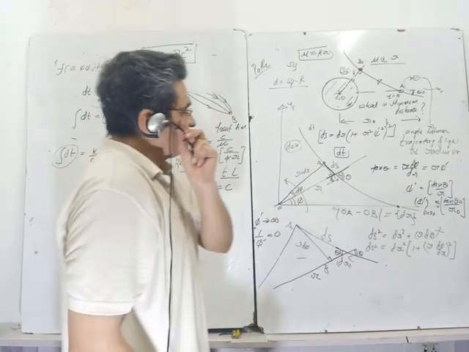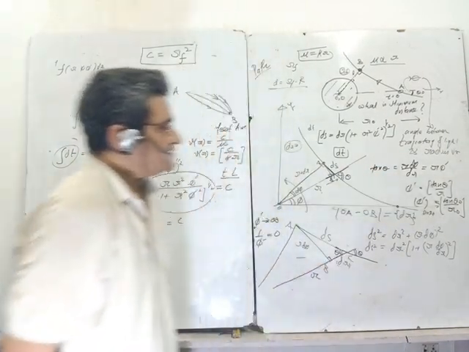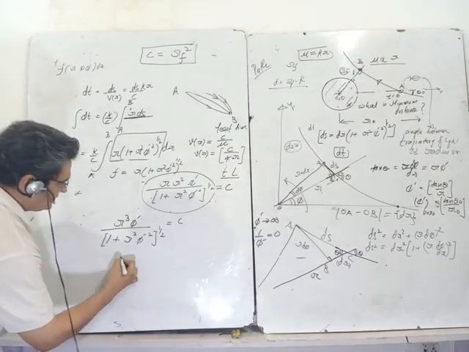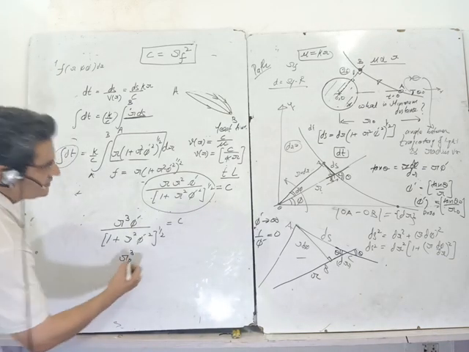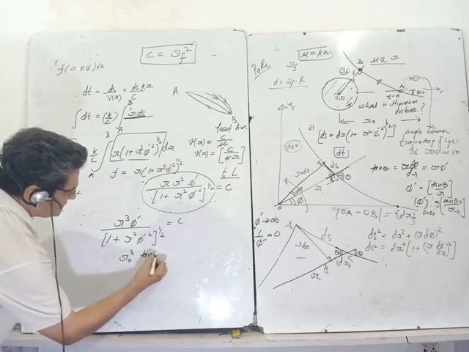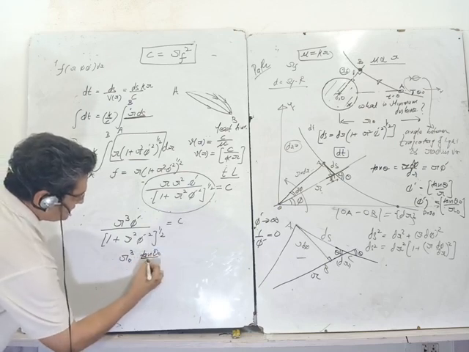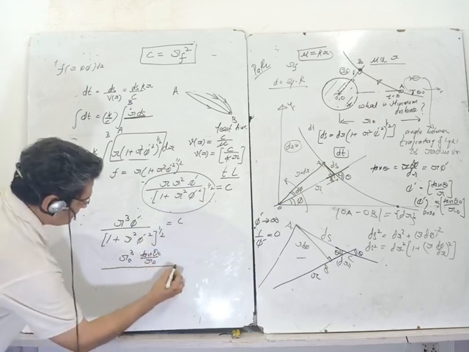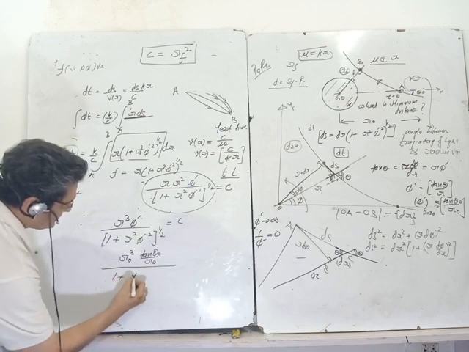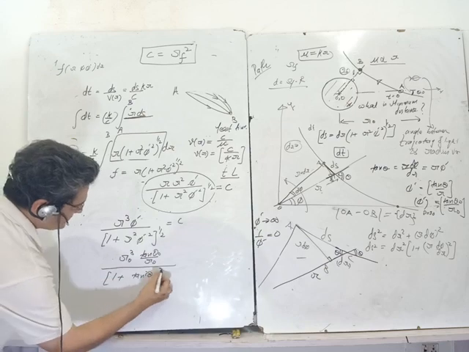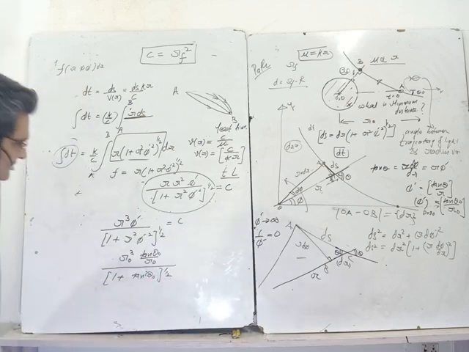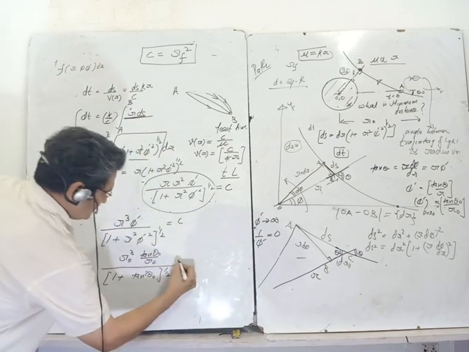Initial condition: r is r0 and phi dash is tan theta 0 upon r0. So r0 cube tan theta 0 upon r0, and this becomes 1 plus tan square theta 0 raised to power 1 upon 2. Just correct me if there is any calculation error.